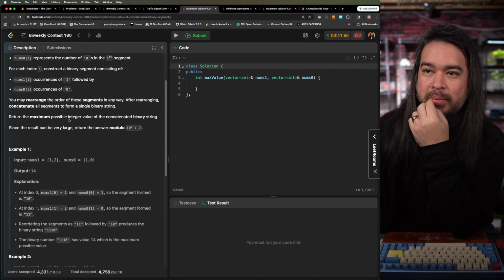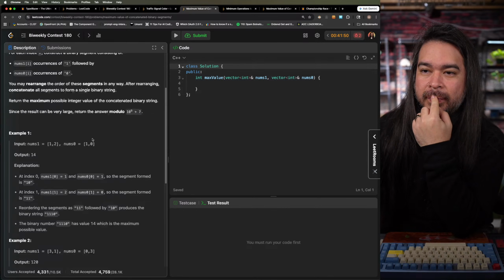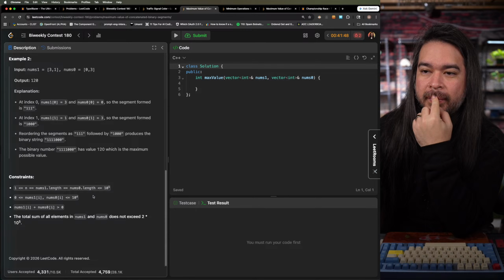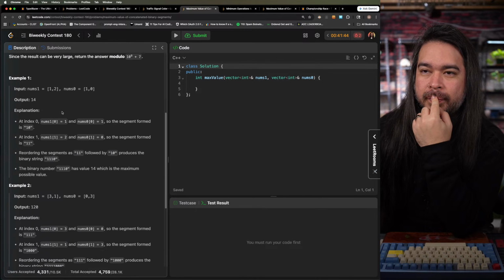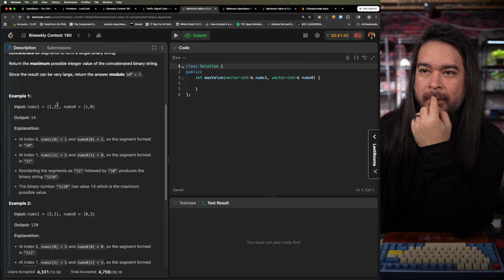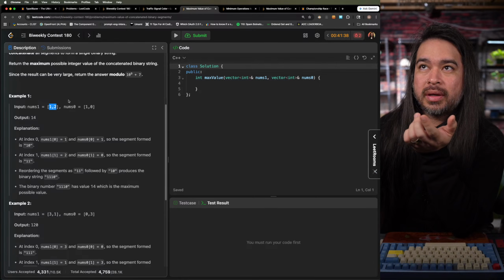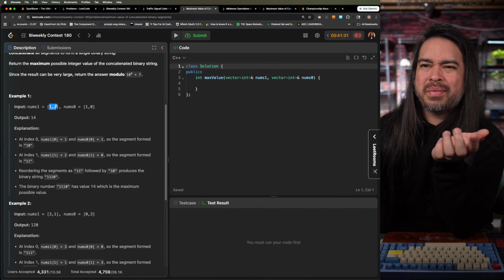Return the maximum possible integer value. So do we zip them up and then sort them?